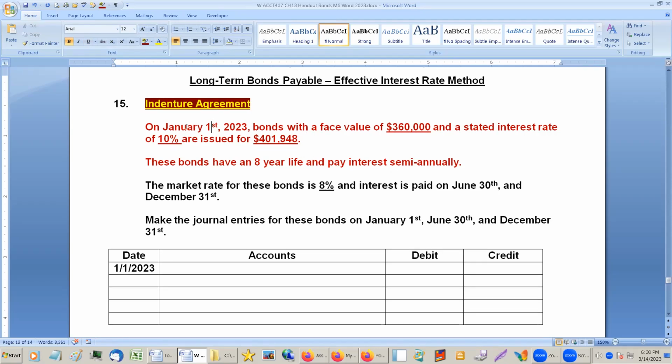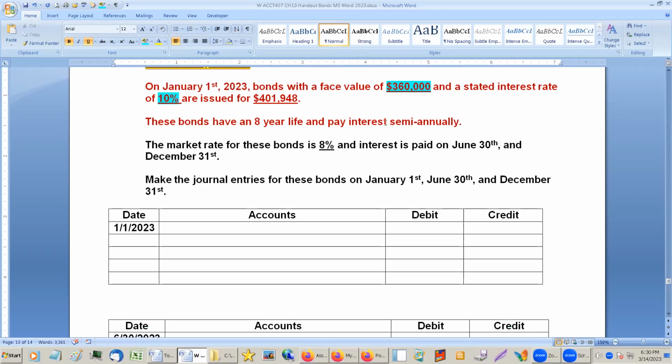Okay, so this is the agreement. It's 360,000. The stated rate is 10%, and they're going to pay interest semi-annually.